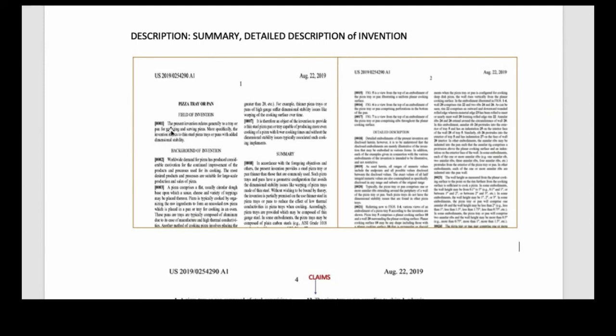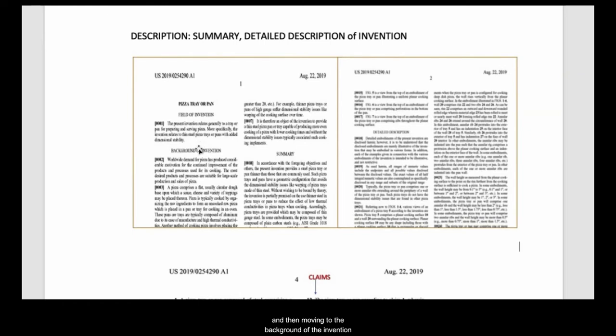In this case the invention relates generally to a tray or pan for preparing and serving pizza, and then it gives a little more qualification saying it relates to a thin steel pizza tray with added dimensional stability. So it is giving you a clue as to what this invention is about.